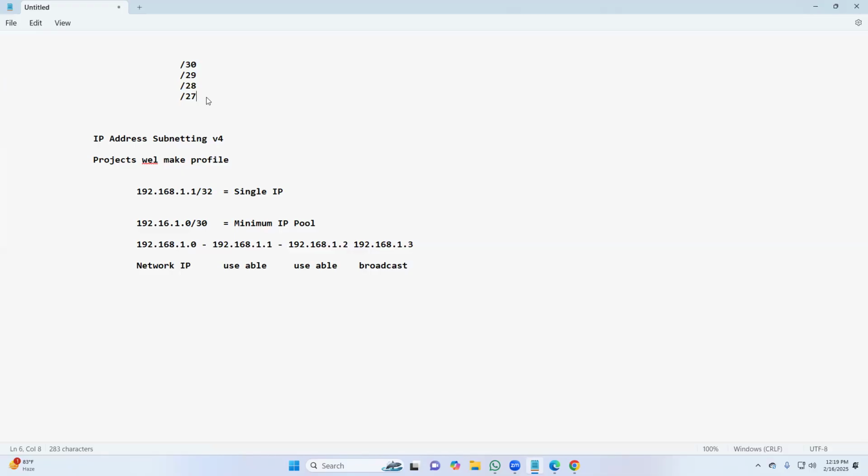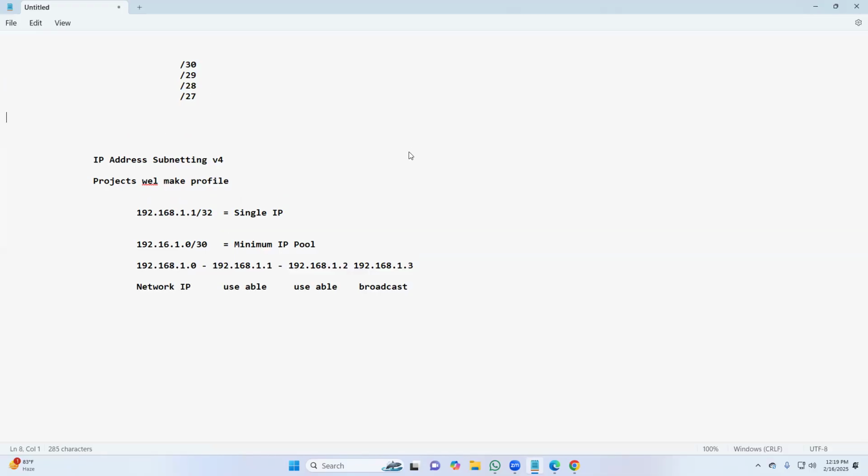And another thing, this method you can call CIDR. It means classless interdomain routing.